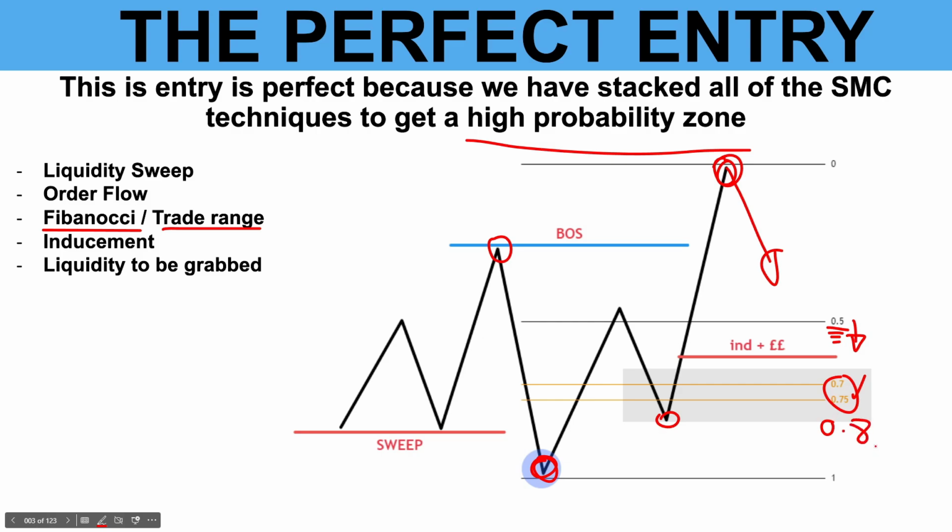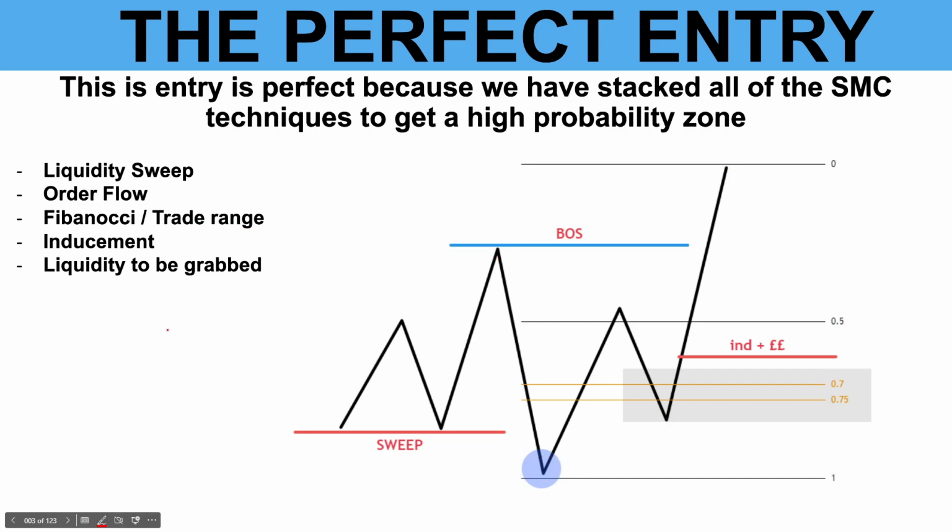The closer it is to these discounted levels, these golden zones, if you want to call them that, that is even better. So make sure your zone is positioned in that way inside of the trading range, and you can check that out by using the Fibonacci. So that is the third thing.